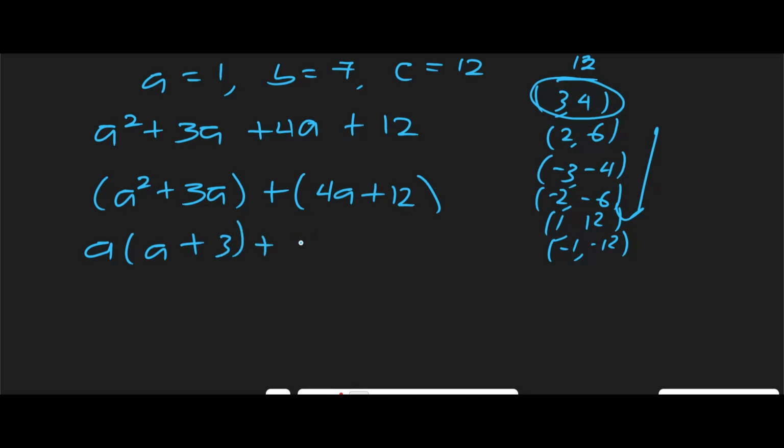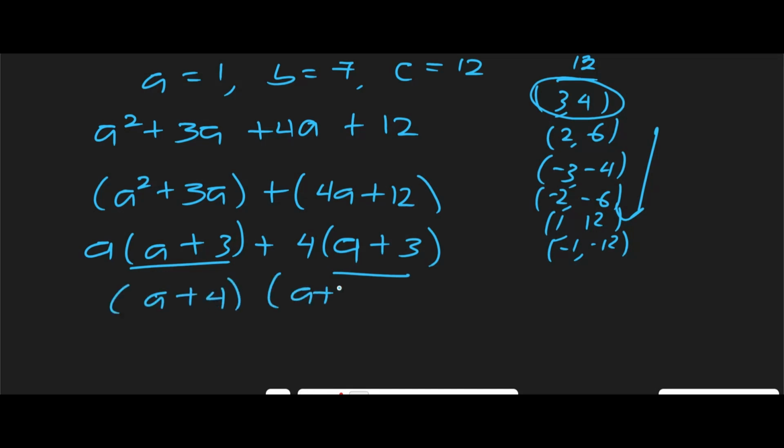The common factor is going to be 4, right? So 4 goes into 4a, a times, and 4 goes into 12, 3 times. So the terms are the same in the bracket. So we just write our final expression: a plus 4 in one bracket times a plus 3.